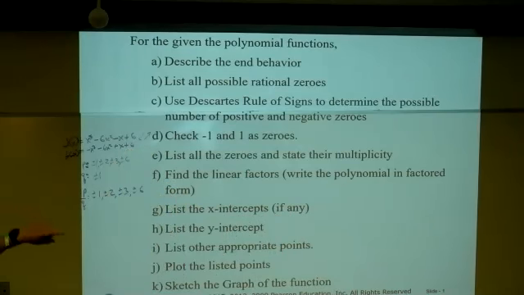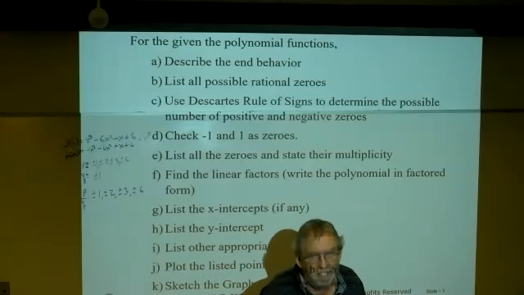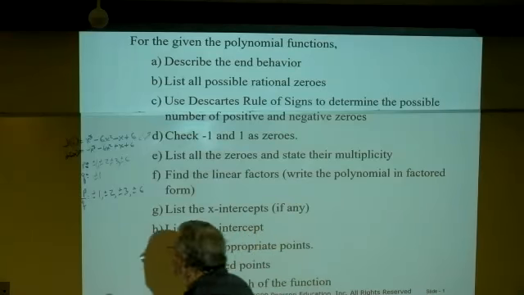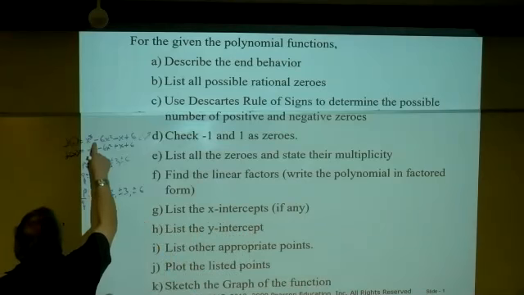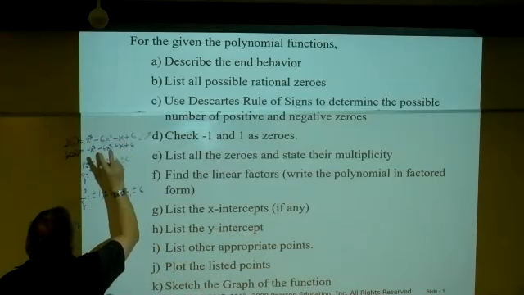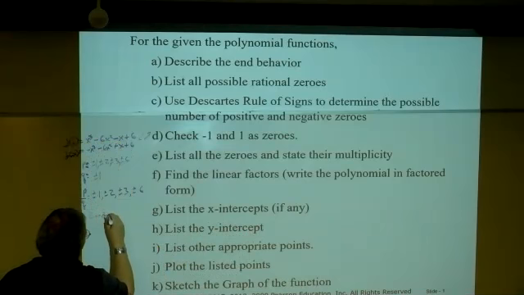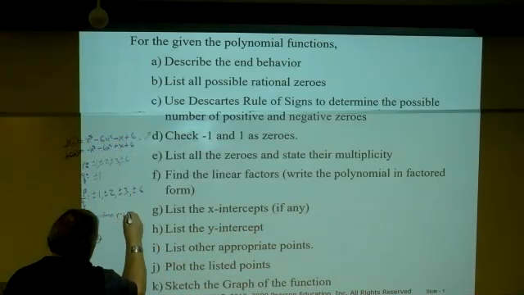Now, for Descartes' rule of signs, we count the number of sign changes, or technically we say the sign variations. Well, the sign changes from here to here once. It doesn't change. It changes again, so it changed twice. So that means we're going to have 2 or 0 positive real zeros.